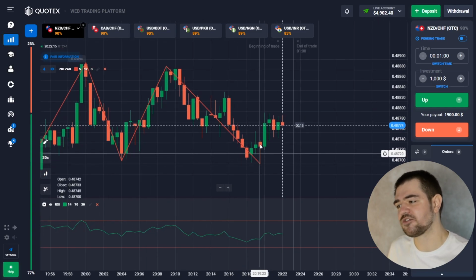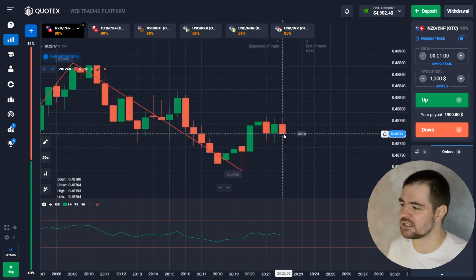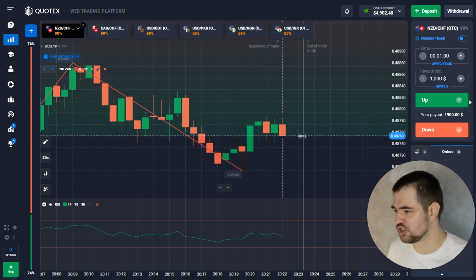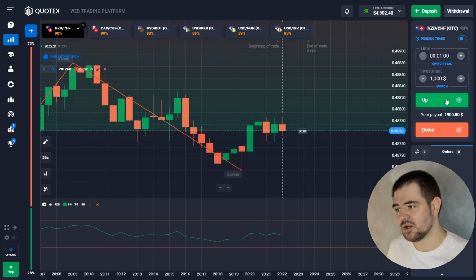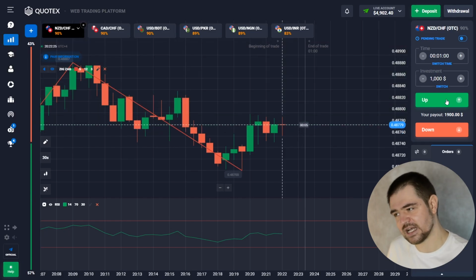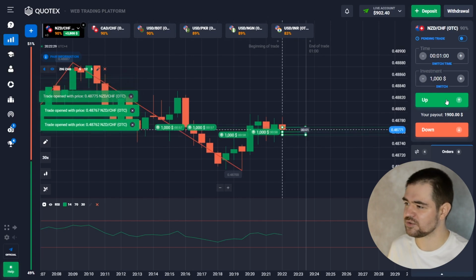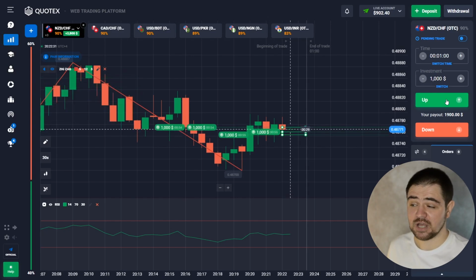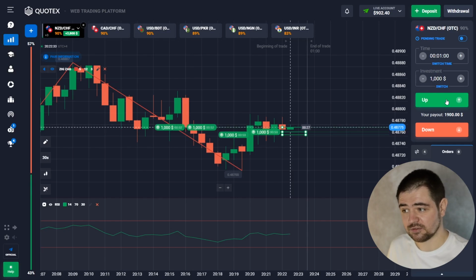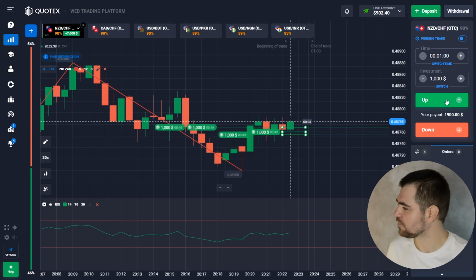A lot of strength collecting at this point. This green large candle, all indications for the long. So that's what we're gonna do. We're gonna make a $4,000 option for a long for 1 minute.